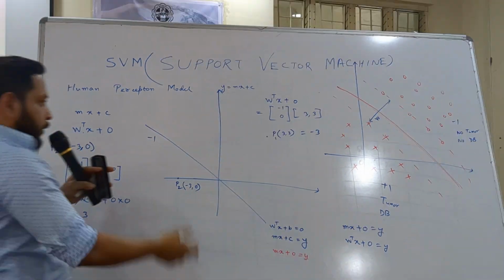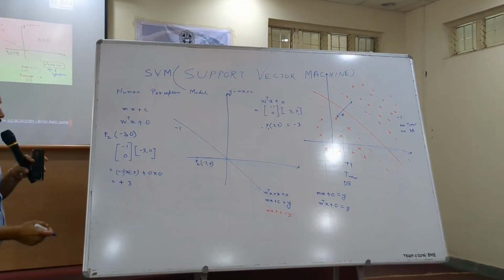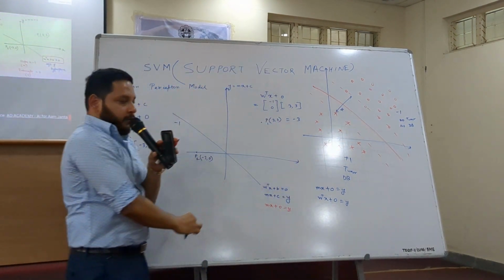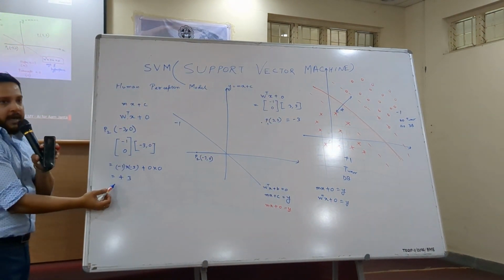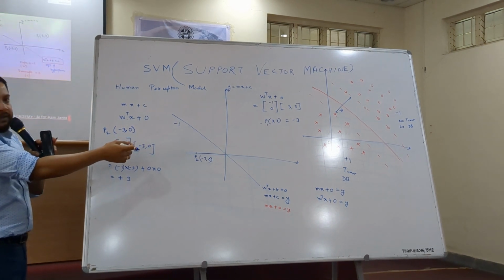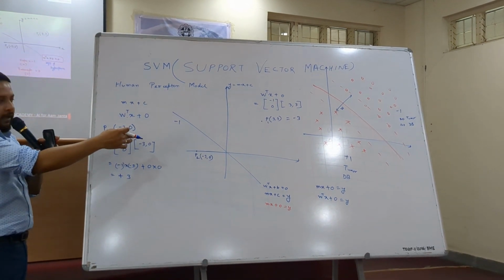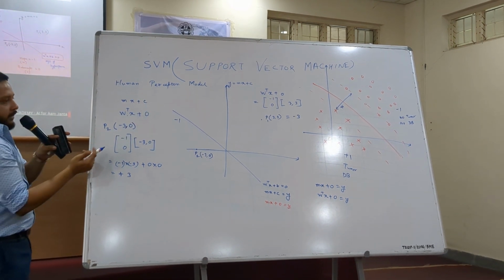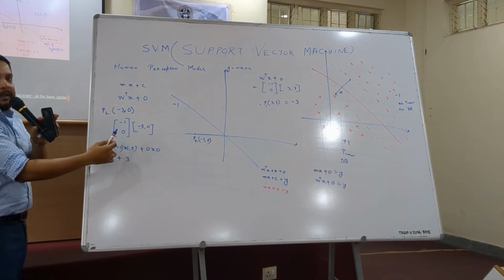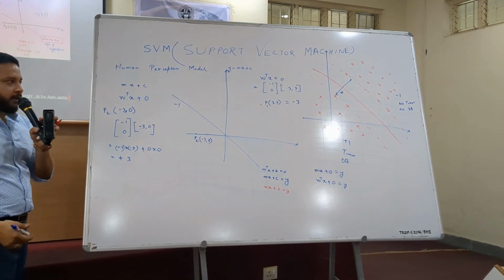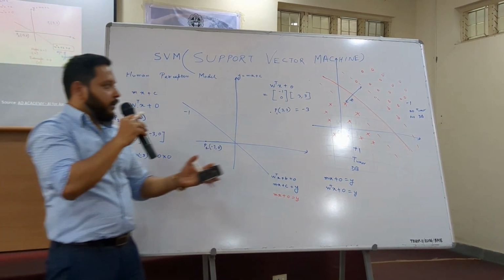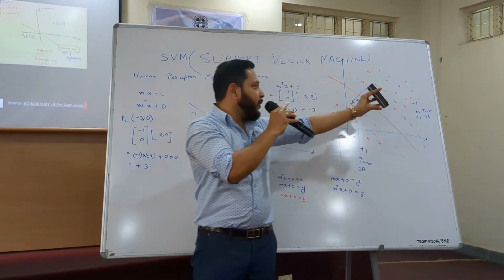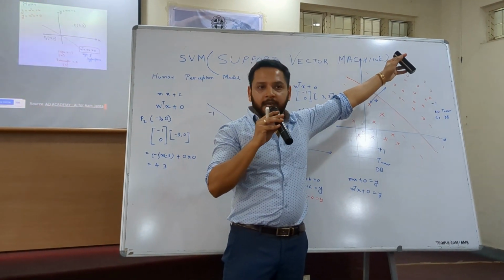So from this we can say that any point which is lying below this red line will always be positive. I just took an example of minus 3, 0. Any point you take, because it will be minus 1, any point below this line will have some minus, and minus minus will automatically make it positive. So it means any point behind this classifier will always be positive. Any point above this classifier will always be negative.